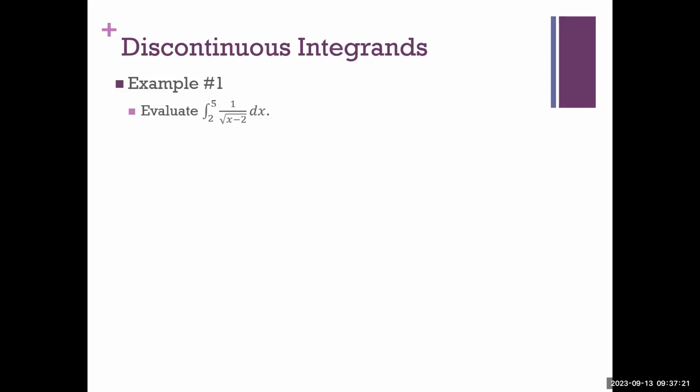So basically everything else we've looked at has been, we're trying to find areas of things that basically have infinite length, right? So now if I draw a quick graph of this thing, the square root function, oh, it's 1 over the square root function. So it's going to be undefined at 2.